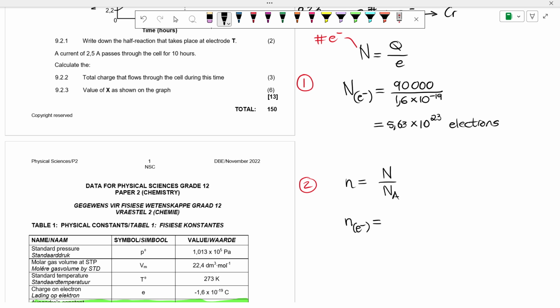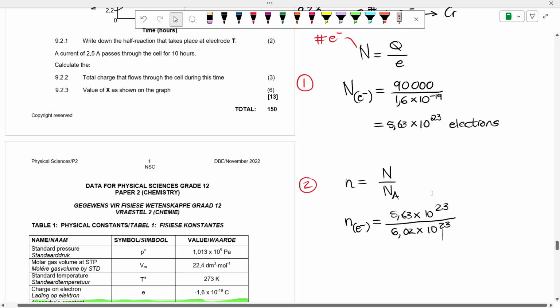So if we substitute, this is 5,63 times 10 to the power 23 electrons over Avogadro's number, which is 6.02 times 10 to the power 23. And then what do we get?